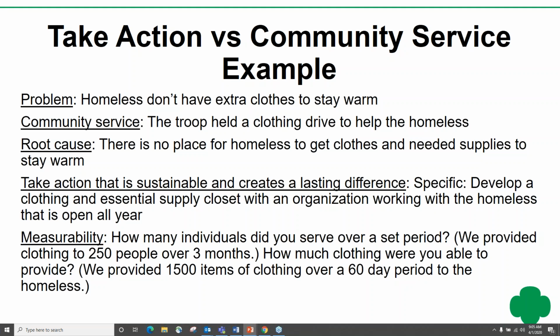You can measure how many individuals you actually served over a set period, or you could measure how much clothing you were able to provide. So there's a couple of ways in which you can measure the impact your project has had on the community. So that's really the difference between a take action and a community service project.